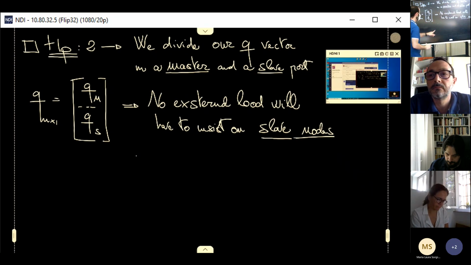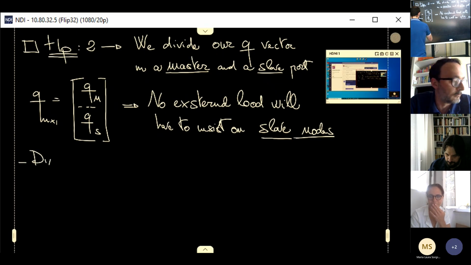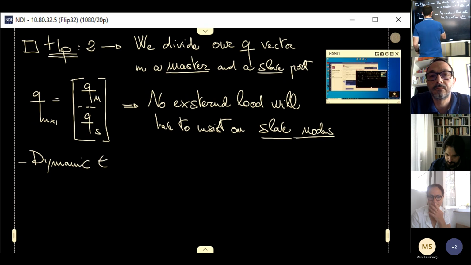This being said, the next step is to consider the equation of the dynamics of a system to see how we can implement this partition. So, dynamic equations.